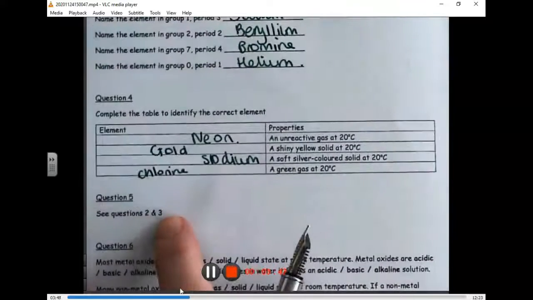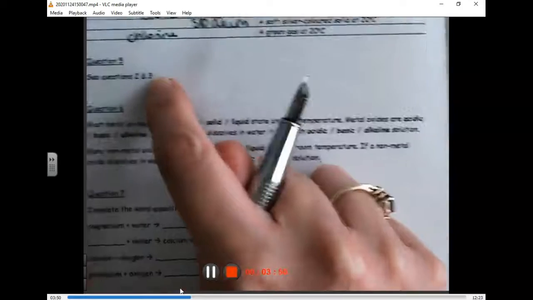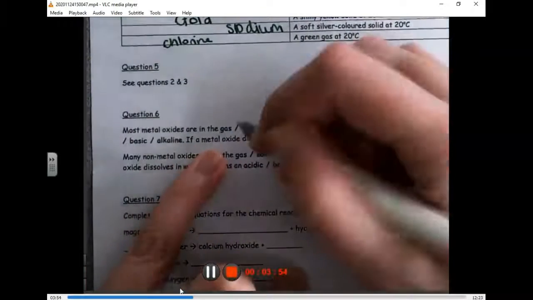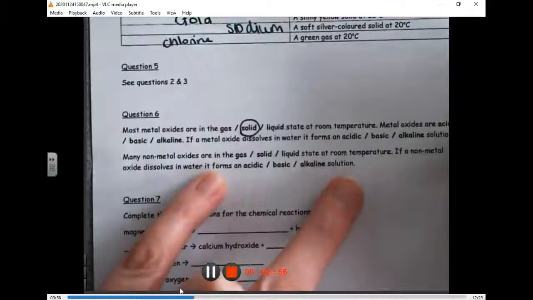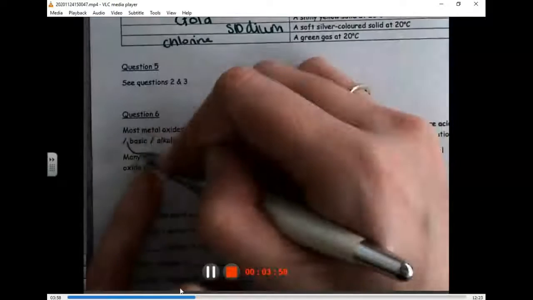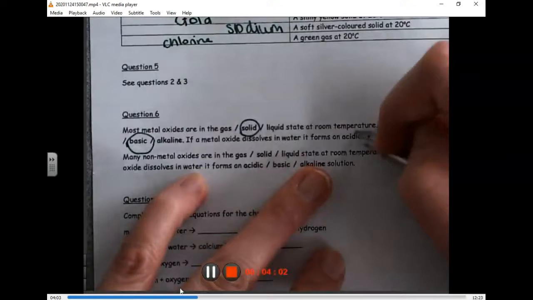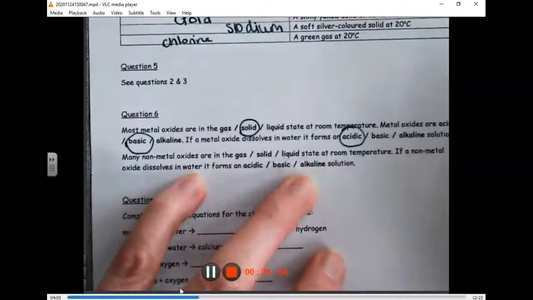Question 5, you need to do question 2 and 3. Question 6. Most metal oxides are in solid form. Metal oxides are basic. If a metal oxide dissolves in water, it forms an acidic solution.